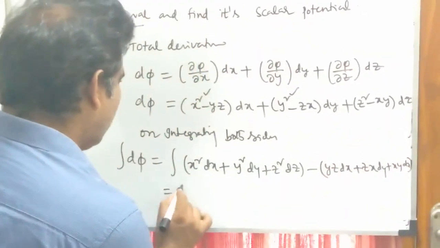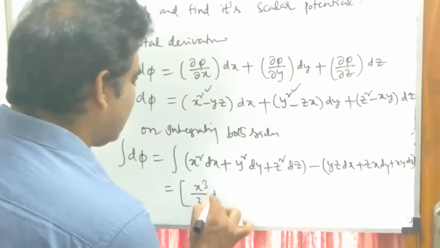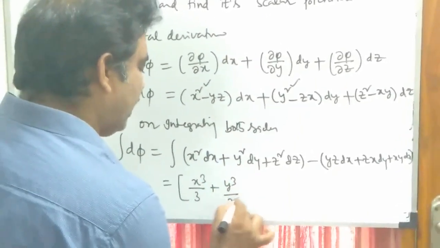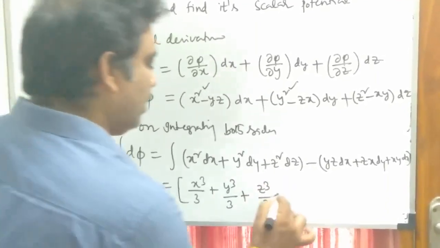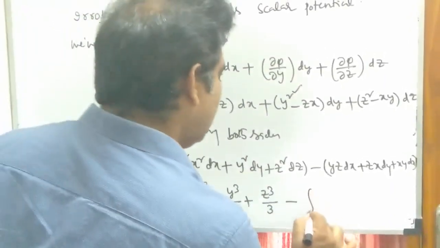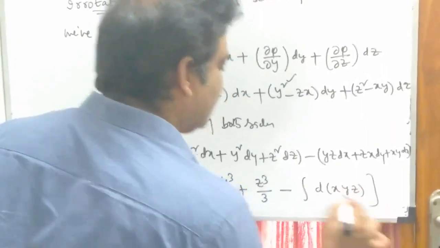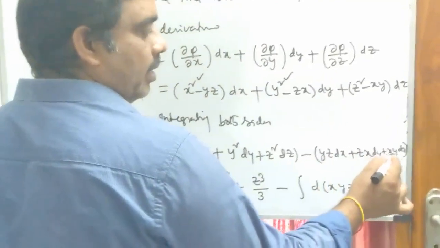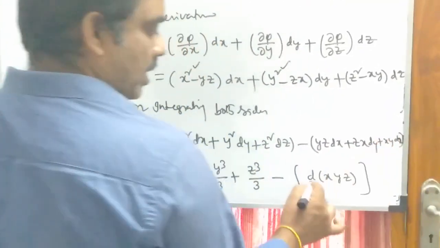So this is equal to integration x square dx is x cube by 3, y square dy is y cube by 3, plus z square dz is z cube by 3, minus integral of this entire term, which is d of xyz. The second term yz dx plus zx dy plus xy dz is d of xyz.